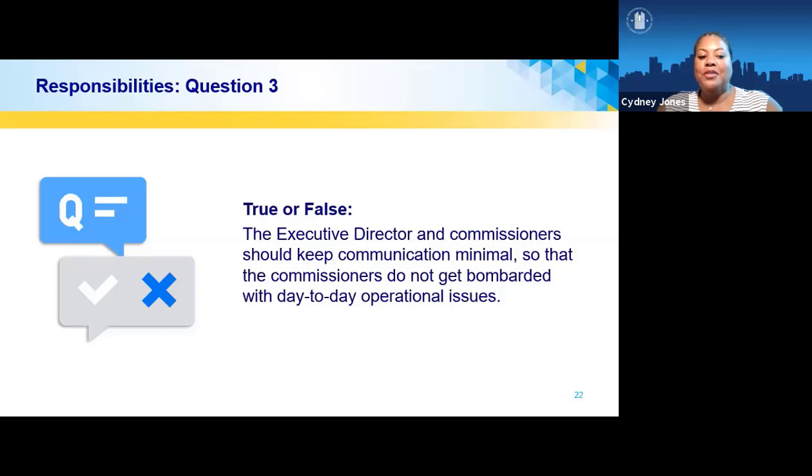All right, so we've got another poll here. True or false? The executive director and commissioners should keep communication minimal so that the commissioners do not get bombarded with day-to-day operational issues. True or false?